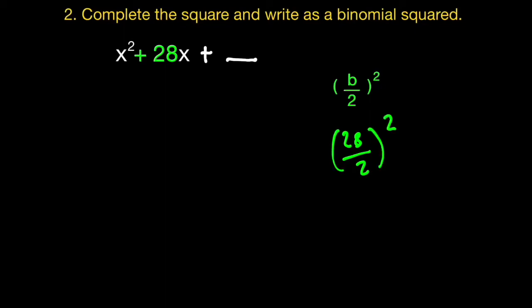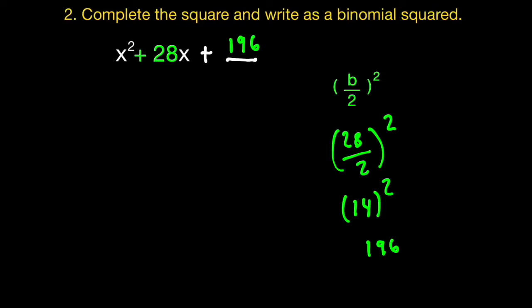I'll begin by simplifying what's inside of the parentheses. So 28 divided by 2, that is going to be a 14. And then 14 being raised to the second power, that's going to be 196. So in order to complete the square using these two terms, I need to add a value of 196. And now I have the perfect square trinomial.